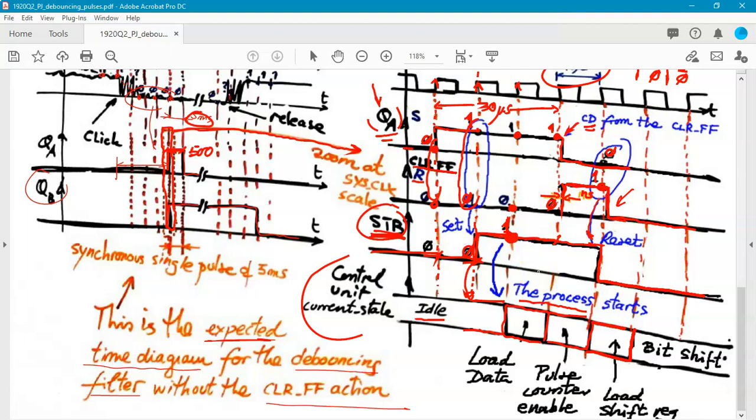So it can be reset again, and the system can be prepared from now on while the machine is shifting bits, or later on when the machine is delaying time, 1 second, 2 seconds, and the like, whatever. If you click the button again, you will get another QA value high until it is acknowledged by the machine.